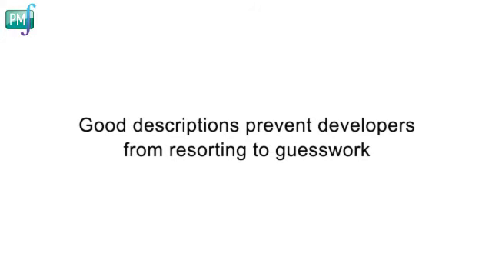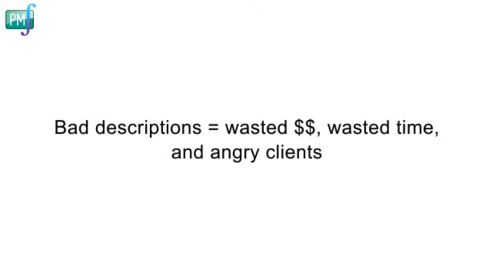As a result, the team could end up developing a product that is completely different from what the client expected to get. And then you would need to start the development process all over again, or make changes to the product after it has been developed. Obviously, that would cost you a great deal of money, waste a lot of time, and leave you with extremely angry clients.